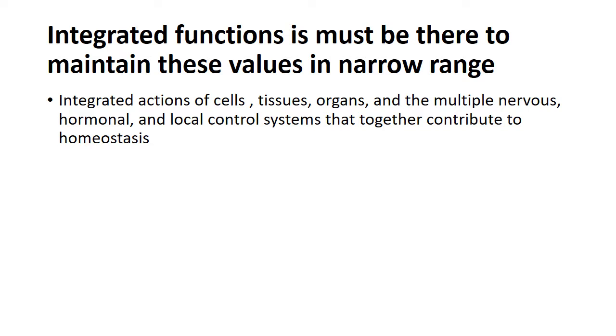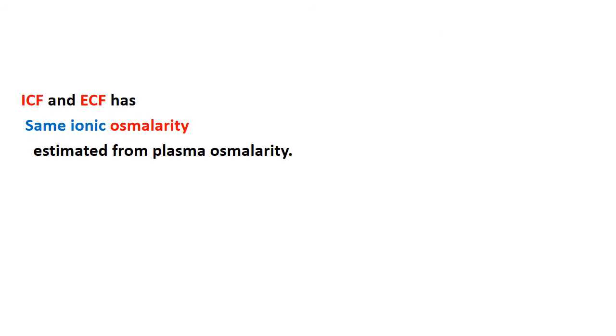Now there is an integrated function. I always say integrated. What do you mean by that? Integrated function is a must to maintain these values in a narrow range. You can imagine if any one system is disturbed, we cannot maintain these values. So the integrated action of cells, tissues, organs, multiple organs, nervous system, hormonal and local control systems together contribute to homeostasis.